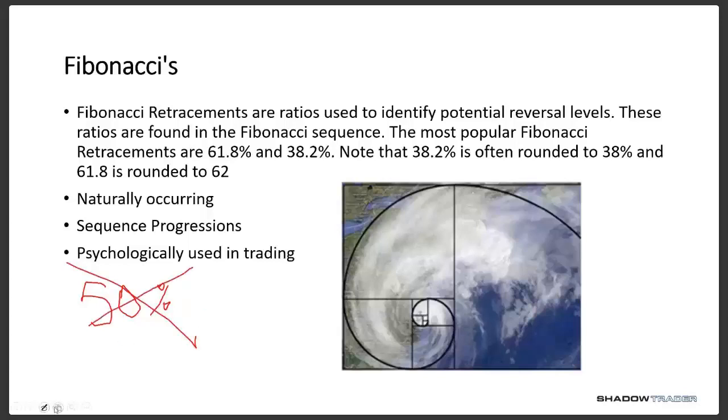The 50% fib that you hear us talk about is not a Fibonacci number. It is what's called half back. We use it here on ShadowTrader incorrectly. It's not a 50% fib. It's just halfway between the bottom and the top. There is no 50% Fibonacci.